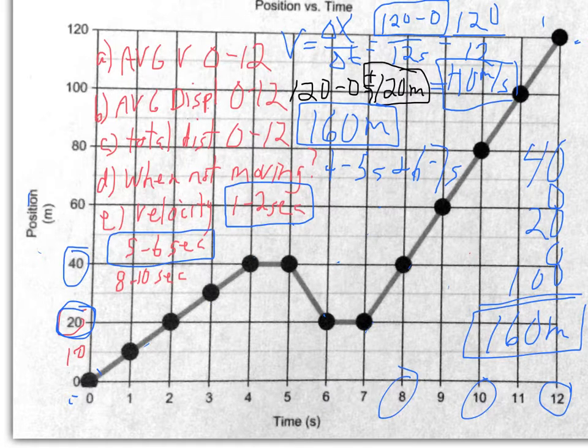Well, it looks like we went from 40 to 80. So what is our initial position? 20. What's our final position? 80. So 80 minus 20 divided by, and how many seconds elapsed from 8 to 10 seconds? 2 seconds. So 80 minus 20, that's 60.